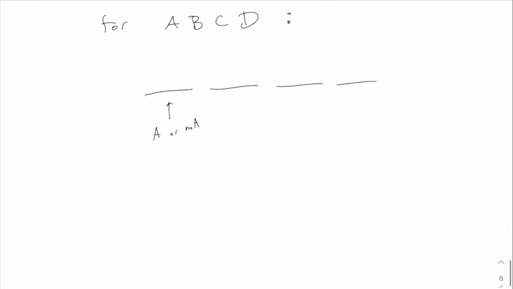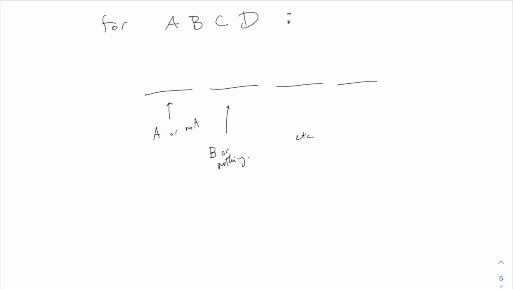This is A or no A. The next one would be a B or nothing, right? In this case, you just have 2 choices per slot. Is it there or is it not there each time? So we have 2 choices, 2 choices, 2 choices, 2 choices.